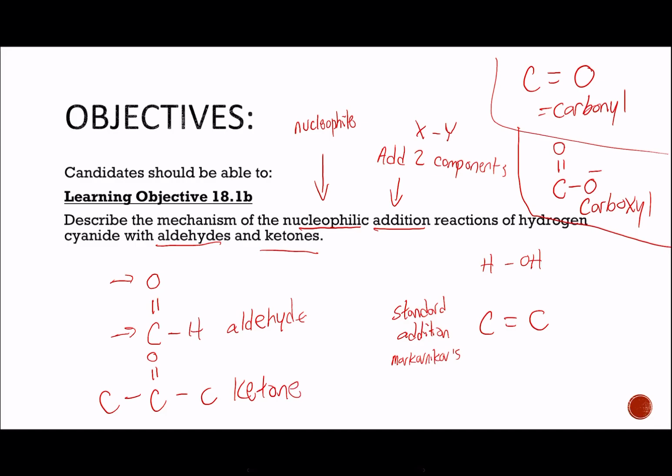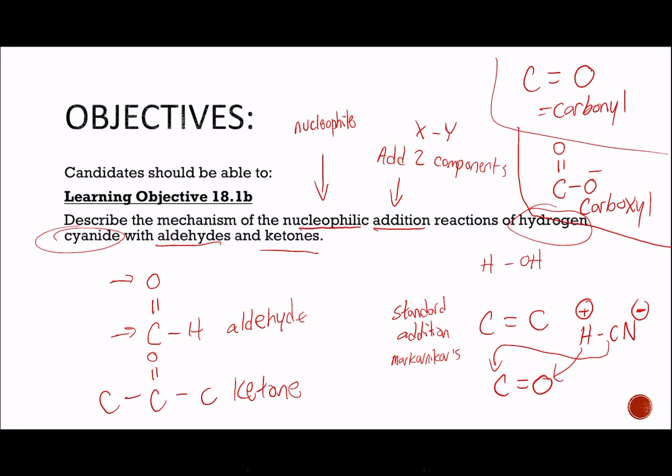What exactly? It says hydrogen cyanide, so HCN. And I think you might have an idea of how this goes if you're savvy. If I want to add HCN, and these are the 2 components, and I know that CN would be the negative part and hydrogen would be the positive part, it should make sense that the cyanide would connect with the carbon and the hydrogen would connect with the oxygen when it's added across.